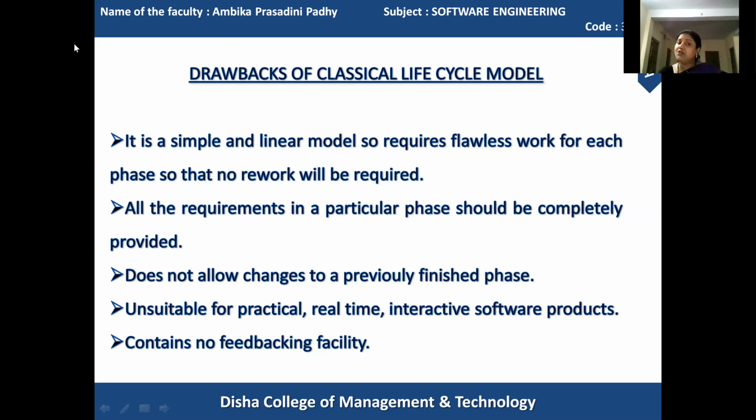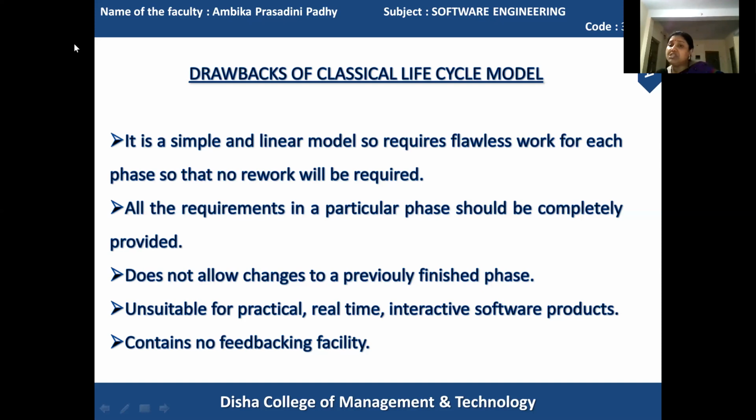It does not allow changes to a previously finished phase. If some requirements were left out, a phase became incomplete, or some error occurred, then those cannot be rectified. It does not allow changes, modifications or rework.